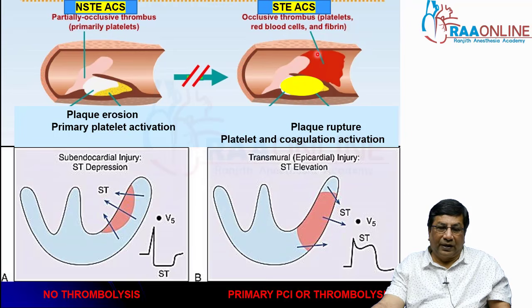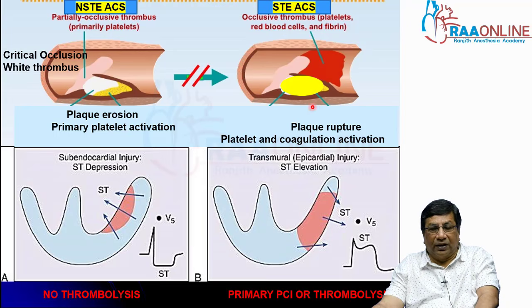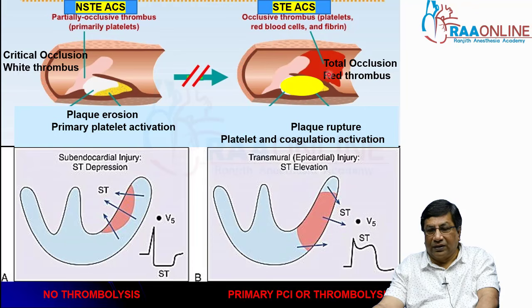At this point, because this thrombus is rich in fibrin, you can thrombolyze this patient, and the ECG changes of this acute total occlusion are seen. This is a critical occlusion with white thrombus. This is a total occlusion, and the thrombus is now red because it is rich in fibrin. These patients will come to you with a subepicardial injury shown by ST segment elevation. So these are the patients who are eligible for thrombolysis or primary PCI.